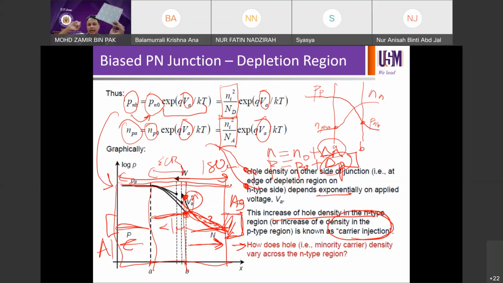As long as they don't come out, you may have your carriers increase here, but if they recombine somewhere here, gone. Your carriers cannot be extracted. So you don't want to have recombination across the volume of the neutral part on both sides. As long as they don't come out at the metal contact, they're not safe, if you like.